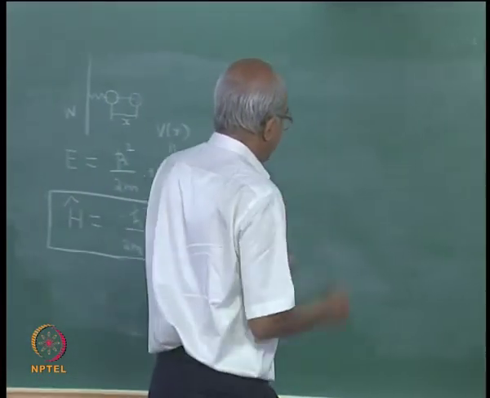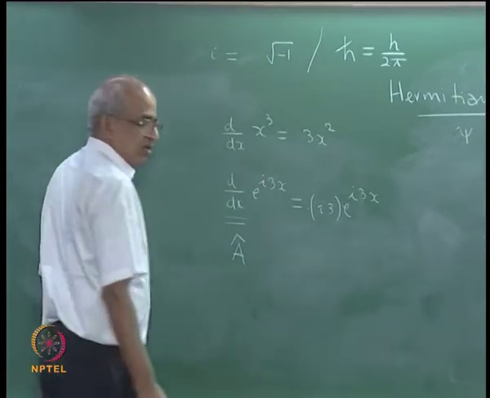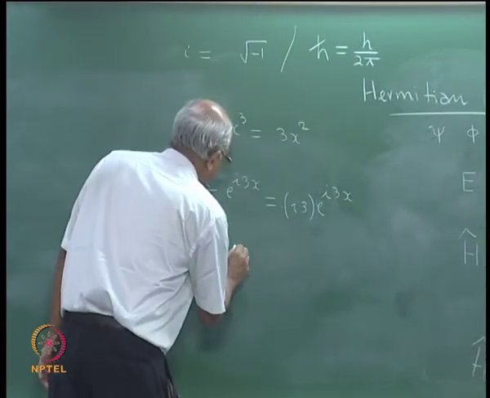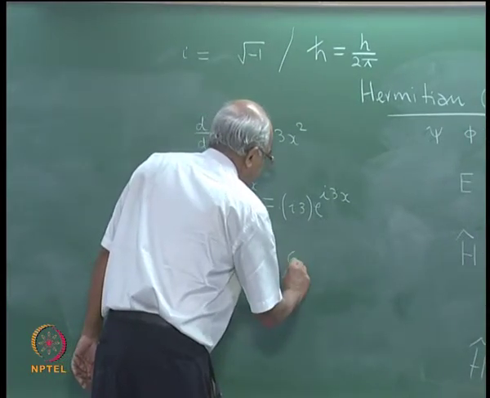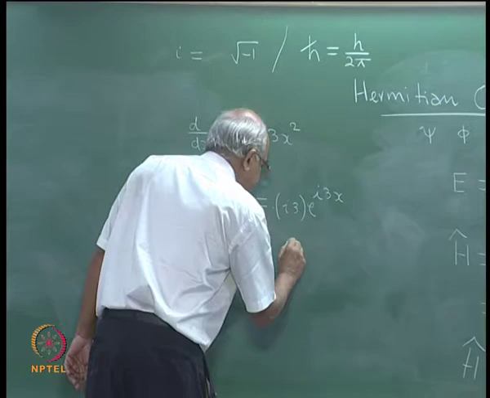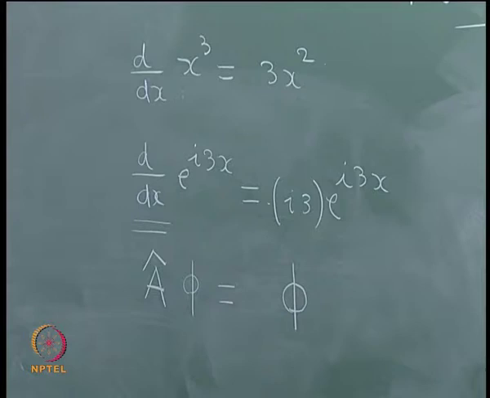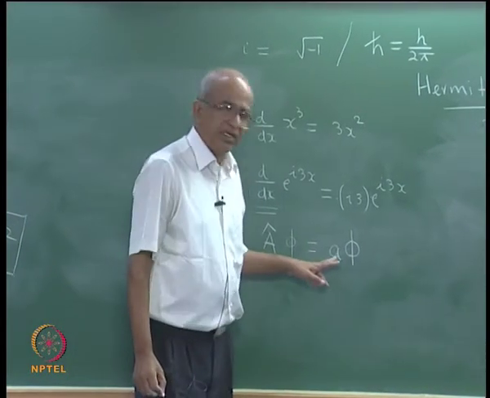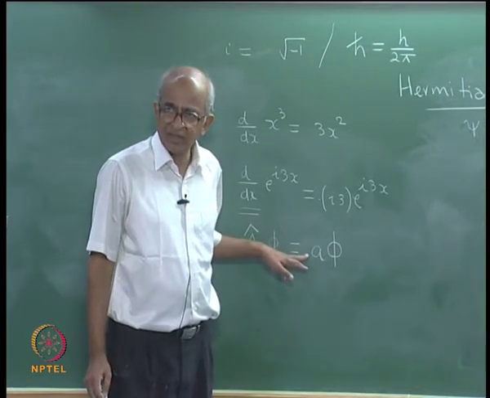Okay. So, we can generalize this and say, imagine I have an operator A, and suppose when it operates upon a function phi, I do not get a completely new function, but I get the same function back, but multiplied by a constant, and that constant I shall denote by the symbol small a. So, A operating upon phi gives me phi back, but multiplied by the constant a.